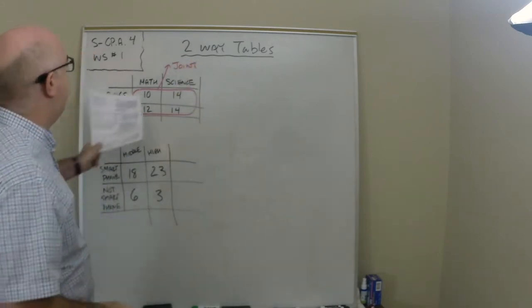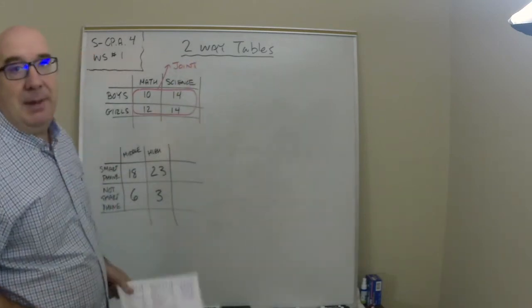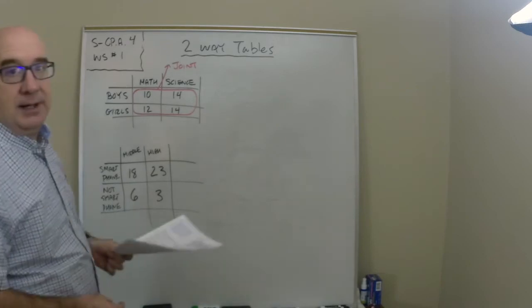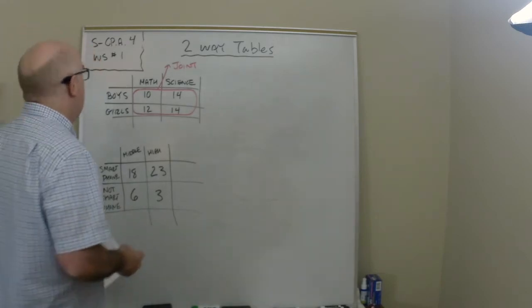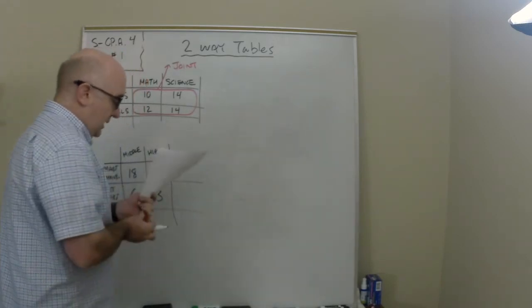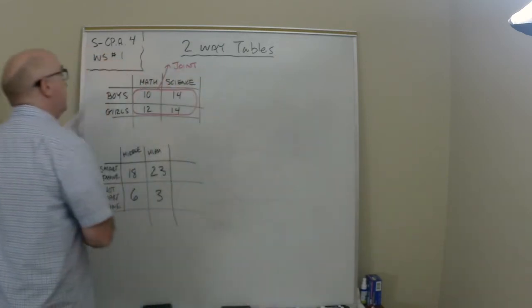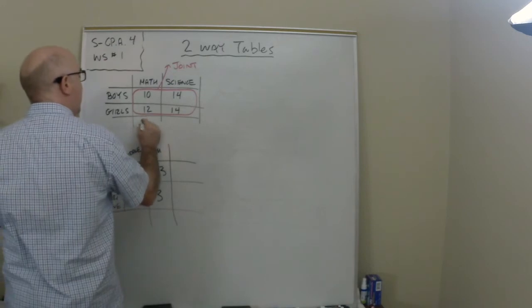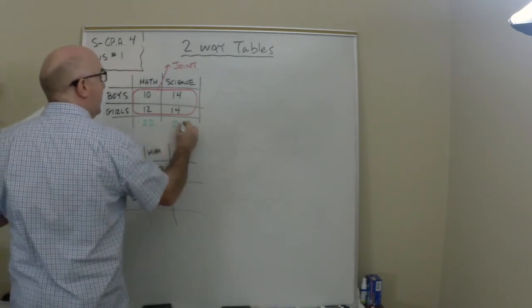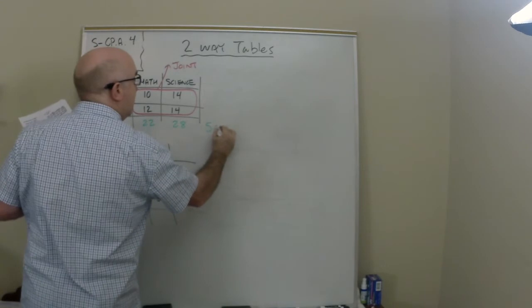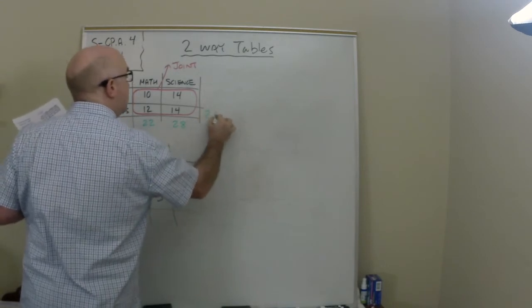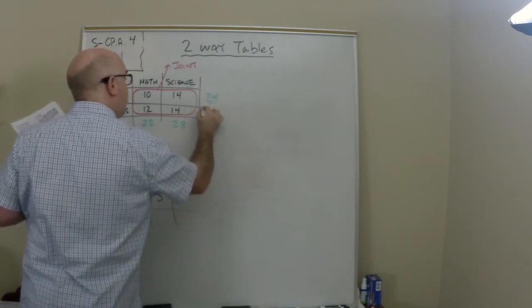They're joint because that number 10 is telling us about math, but that number 10 is also telling us about boys. Now, when we sum the columns, which is usually quite important to do, this would be 22 here, this would be 28, 50 in total, 26 and 24.